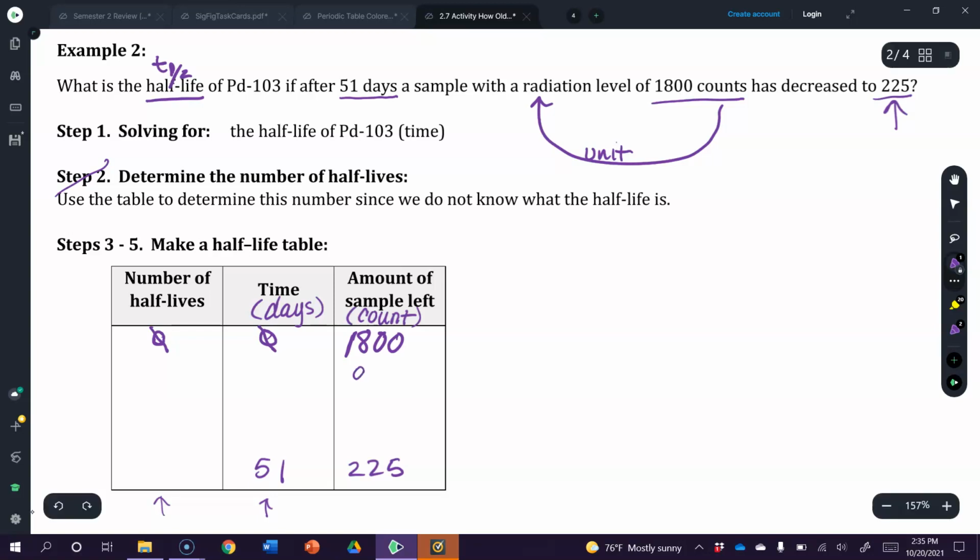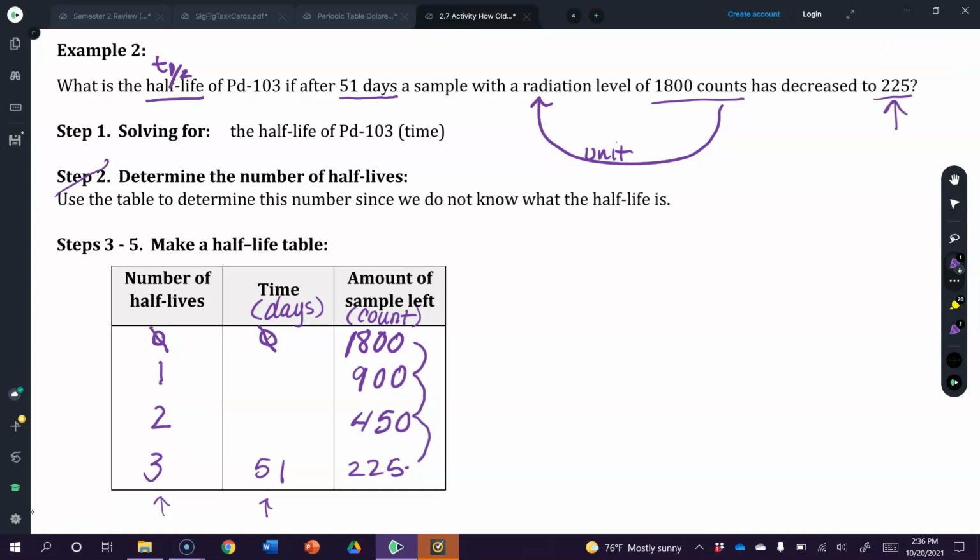So 1800 divided by 2 is 900, and then divide 900 by 2 is 450, and we see 450 divided by 2 is 225. And so we see we divide it in half 1, 2, 3 times. That tells us that there's 1, 2, 3 half-lives.